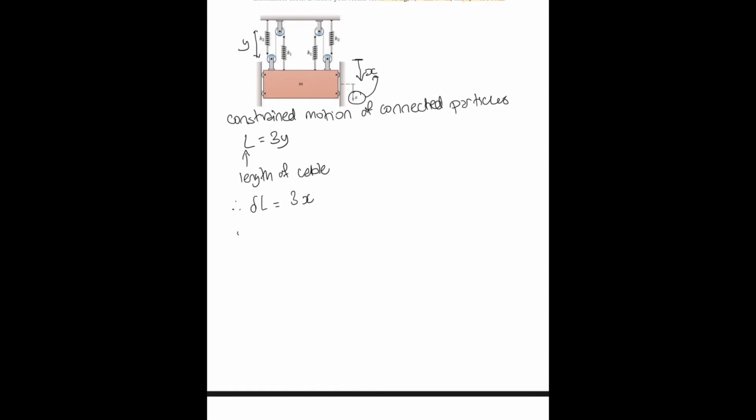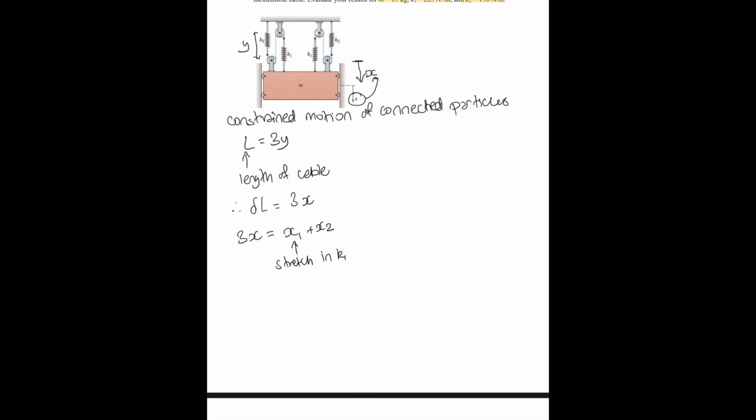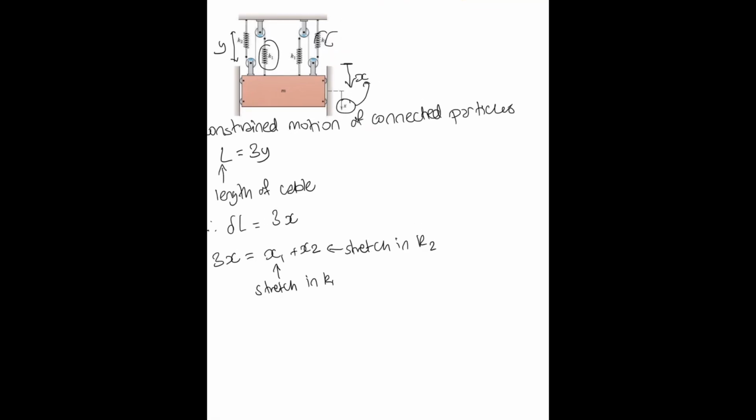And we know that 3x is going to be equal to x1 plus x2, where x1 is the stretch of the spring in K1, so here, and this one is the stretch of the spring in K2, over here.